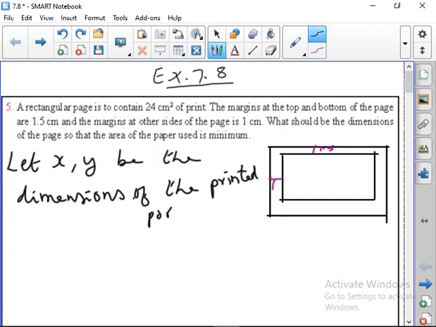What is the printed portion? The rectangle inside is the printed portion.